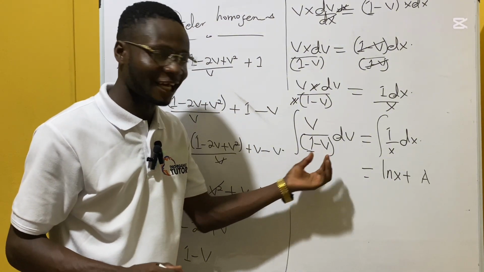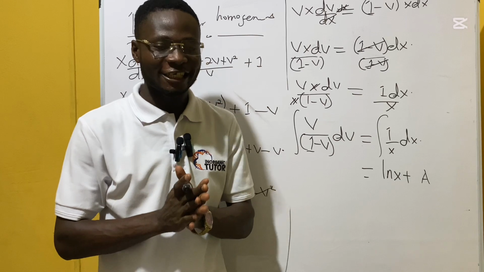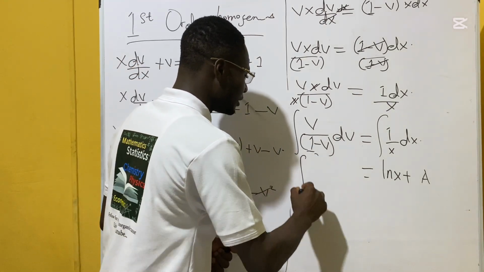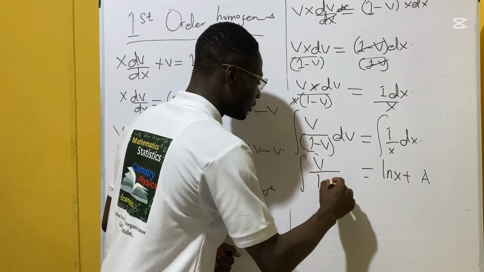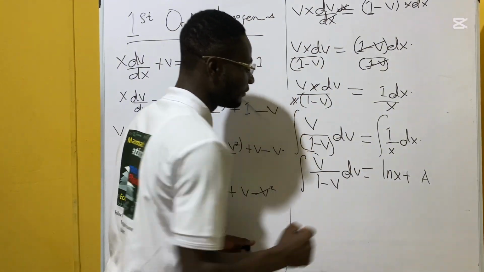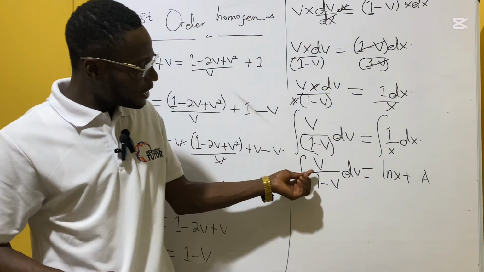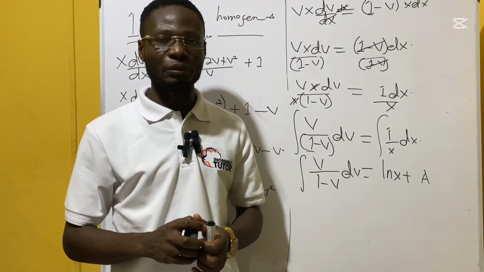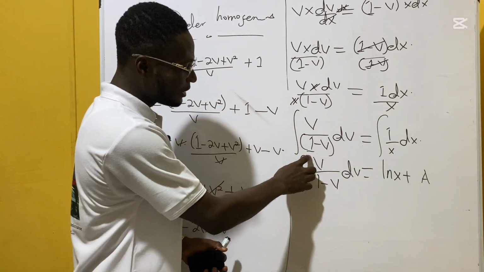The left hand side doesn't seem so easy to integrate. So here, let's maintain it first: v over 1 minus v dv.